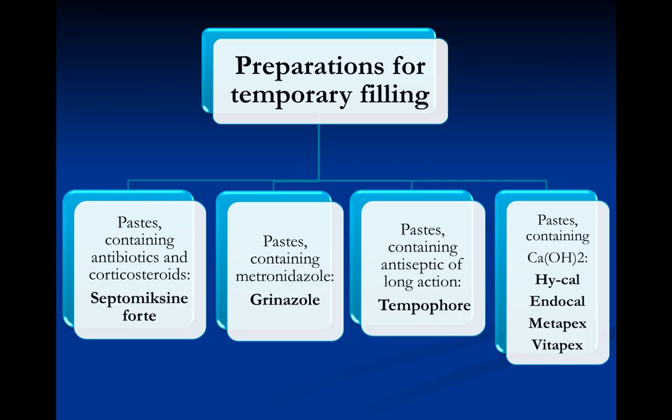You know that neutral pH is 7, and the calcium hydroxide may lose its pH to the neutral side.